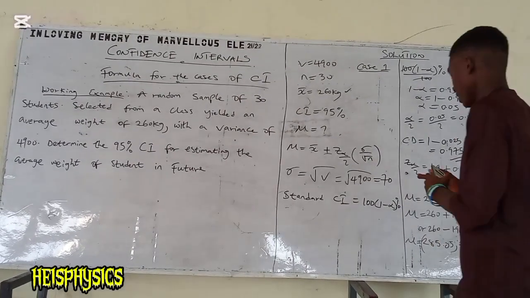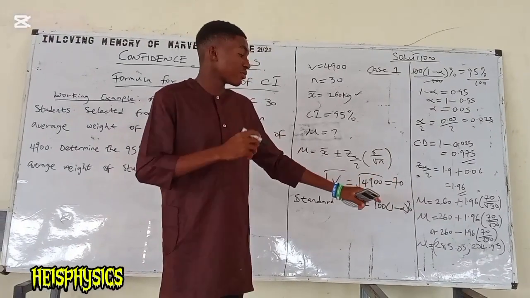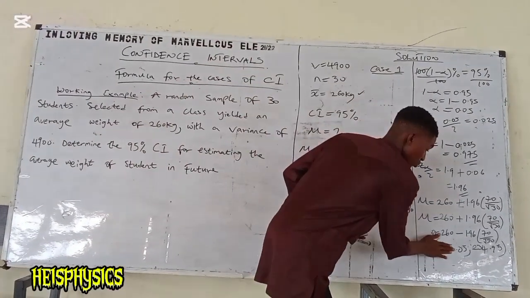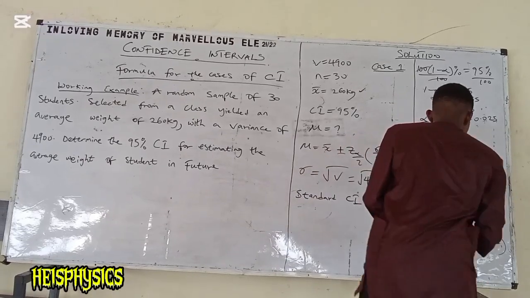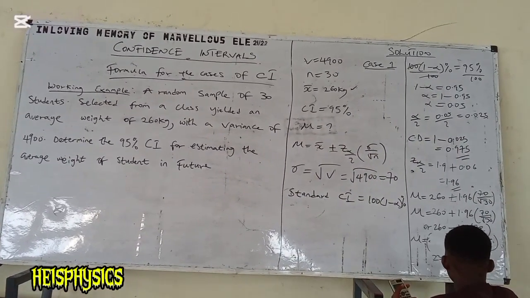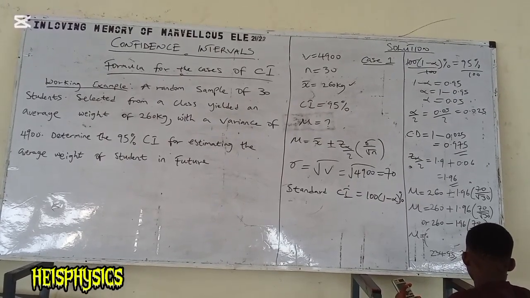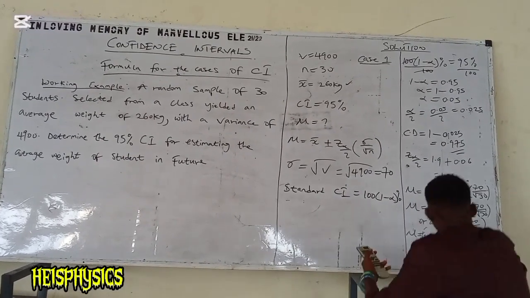This is the population mean. Meaning the population mean ranges between, sorry, small to big, 234.95 to 285.05. This is the population mean, and this is the final answer.